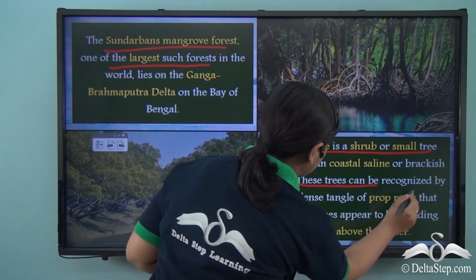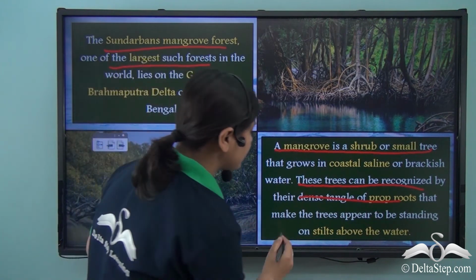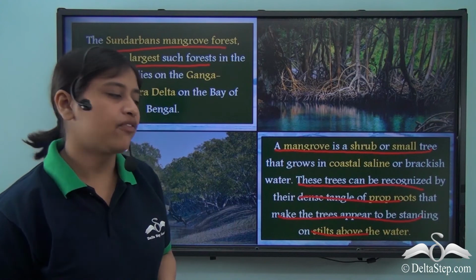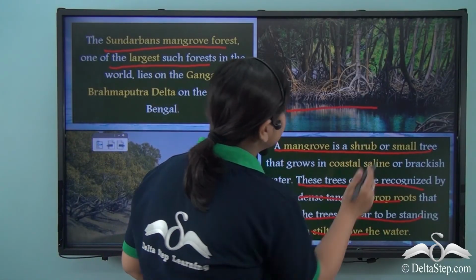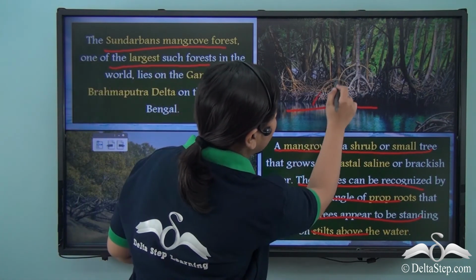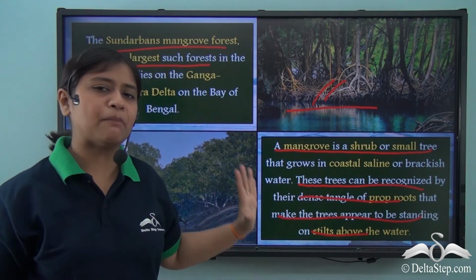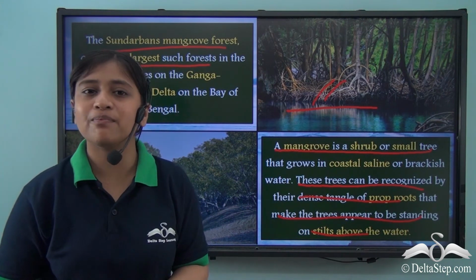These trees can be recognized by the dense tangle of prop roots that make the trees appear to be standing on stilts above the water. So as you can see here in this picture, they seem to be standing on stilts above the water, right? So this is a very unique feature of these mangrove trees or plants, and Sundarbans is a beautiful place to visit.